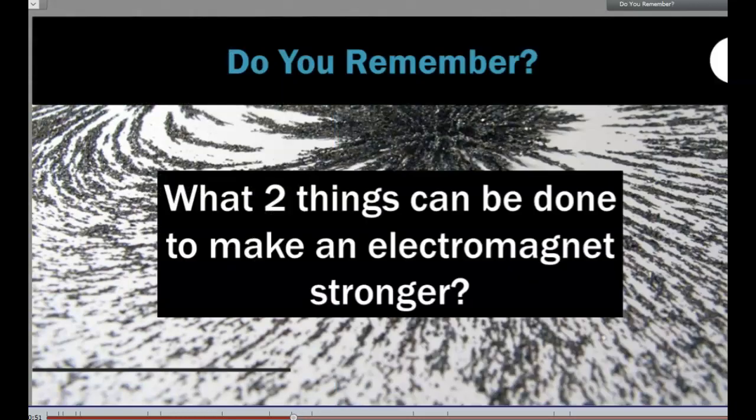The 2 things you need to remember that you can do to make your electromagnet stronger. Does anyone know what those 2 things are? I know that is a question that you will see either on the test or the quiz. Exactly, Rylan, you got it. A bigger core, so like your nail or your screw, whatever you're using, could be bigger, or you could wrap the wire around it more times.